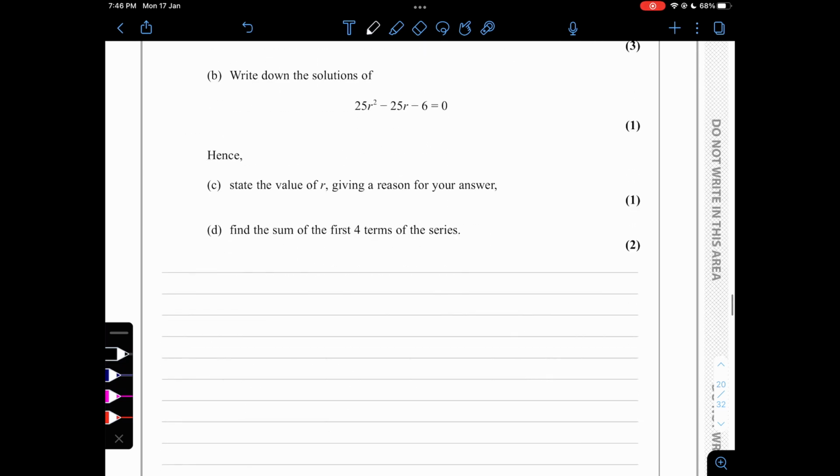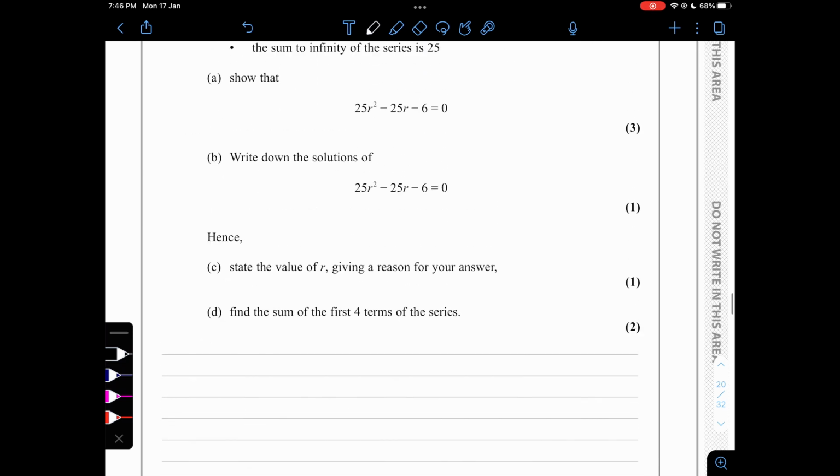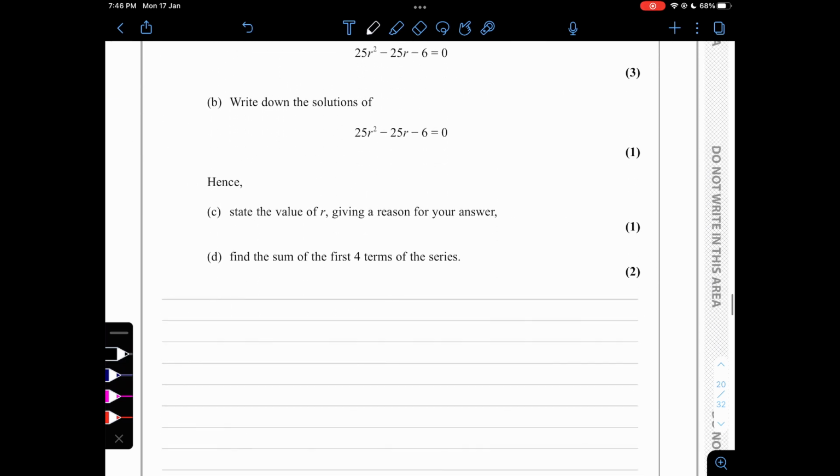So let's just write it down. This is part I. So a equals 4 and r equals 6. And we know that the nth term is ar to the power of n minus 1. That's just something we need to know.